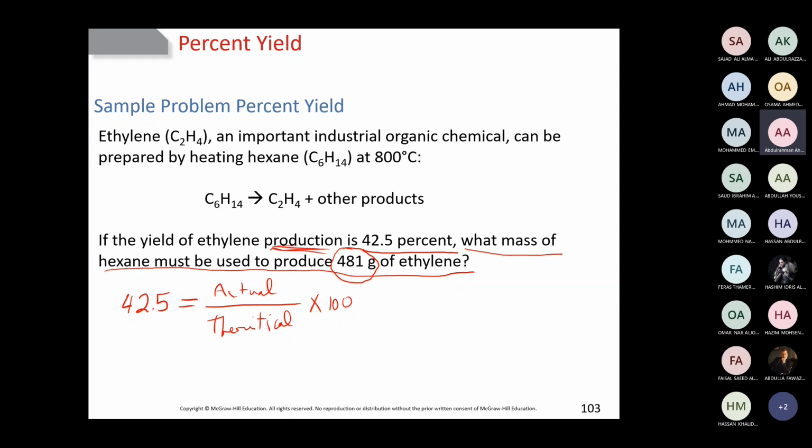This means this is actual. So this is equal to 481 divided by theoretical, which I don't know, times 100. So what's the theoretical yield? Give me an answer.